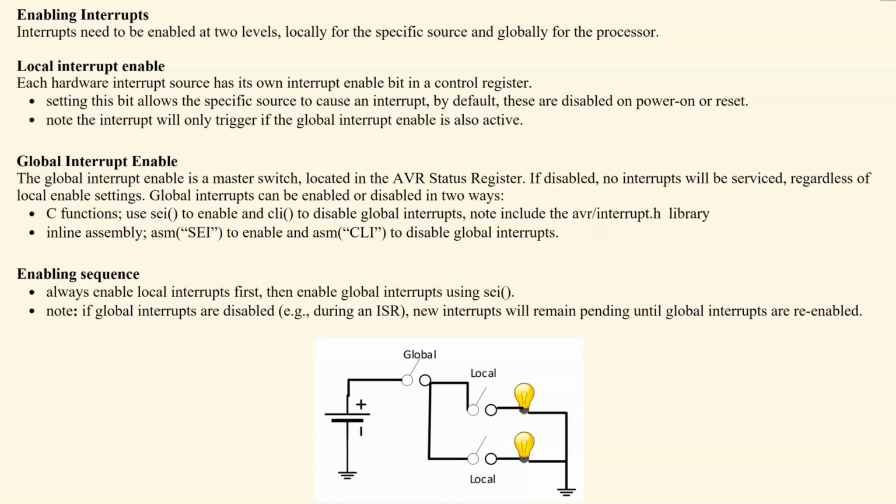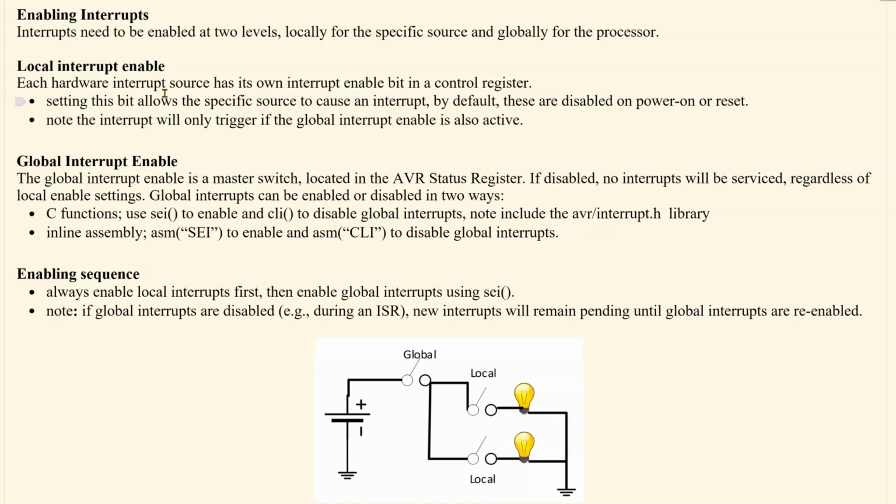Each hardware interrupt source has its own interrupt enable bit in a control register. When we set this bit, we turn on the local interrupts. Now by default they are disabled on power on or reset.